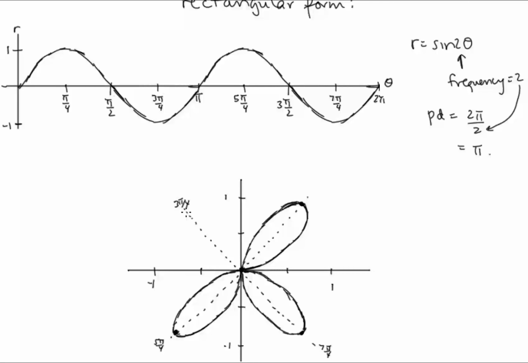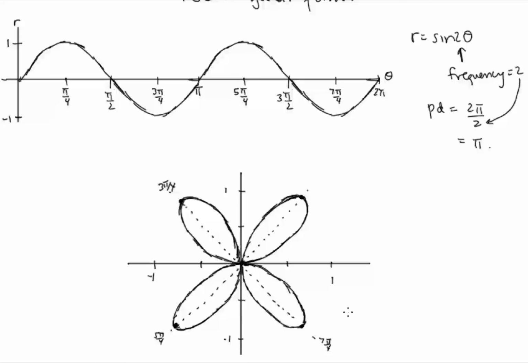It's about here. So for these angle values, we're getting negative radial values going from 0 to negative 1. And then from 7 pi over 4 to 2 pi, going from negative 1 to 0.